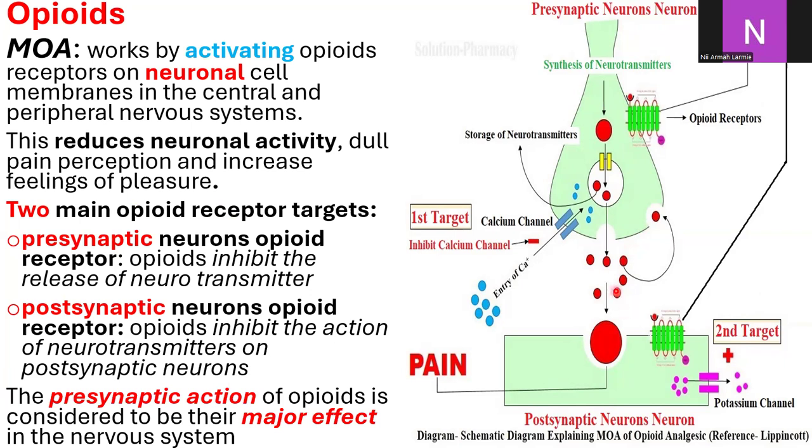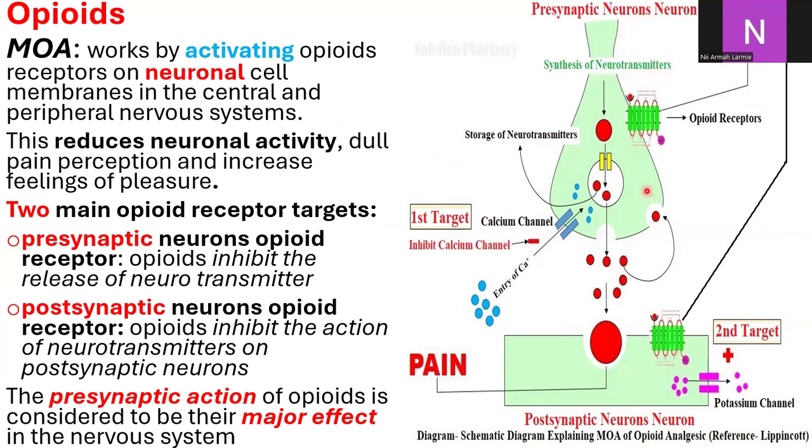Now, in this picture, these red spots here represent pain neurotransmitters. We are saying that when we take our opioids, they work by activating opioid receptors, which can be found on both the presynaptic and the postsynaptic neurons.